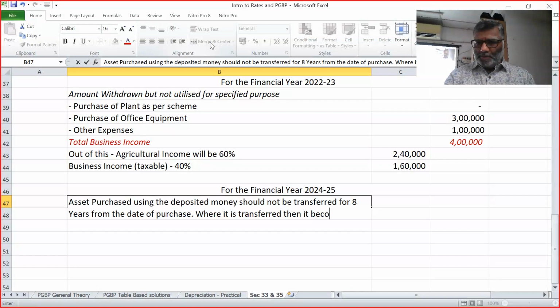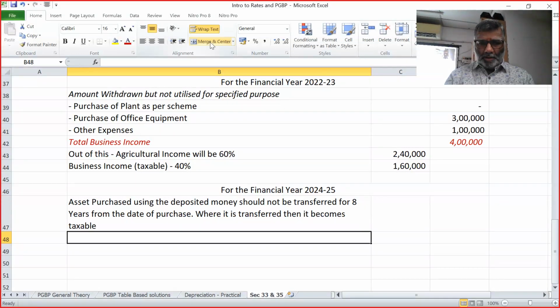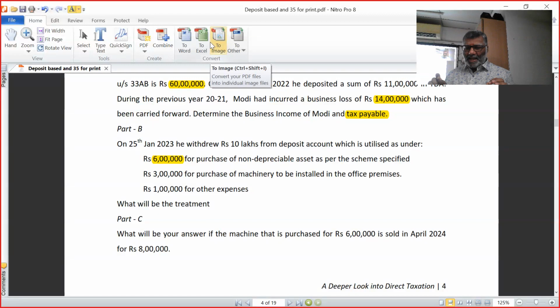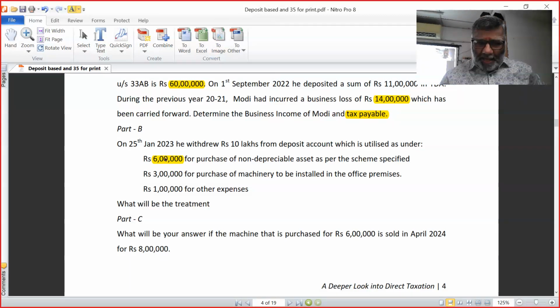then it becomes taxable. So that 6 lakhs which I gave as deduction here, now I need to tax it. So withdrawal of benefit is 6 lakhs.